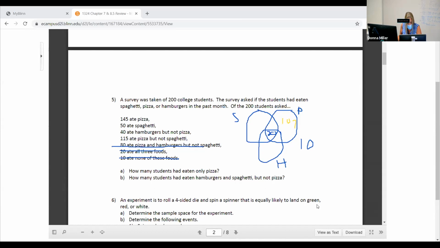So I'm going to do 115 minus 60. So what's 115 minus 60? 55. All right, so that's what needs to go in there. Eraser goes. So this should be 55.